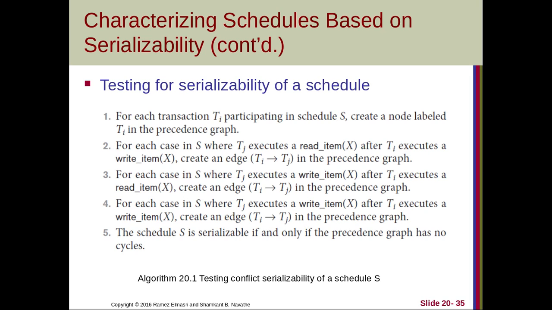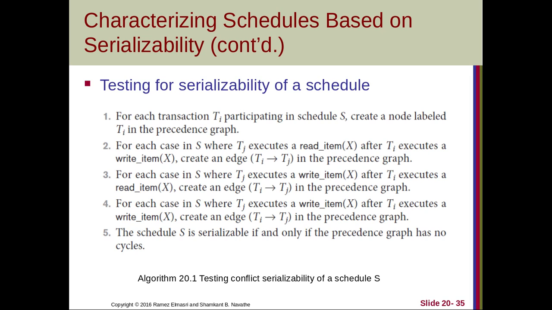For each case in S where Tj executes read item X after Ti executes write item X, Ti has to be executed first, so you draw an arrow from Ti to Tj, meaning only after Ti can you proceed to Tj. The same applies for read and write, write and read, or write and write: you should have an arrow from Ti to Tj, meaning Ti has to execute before Tj.